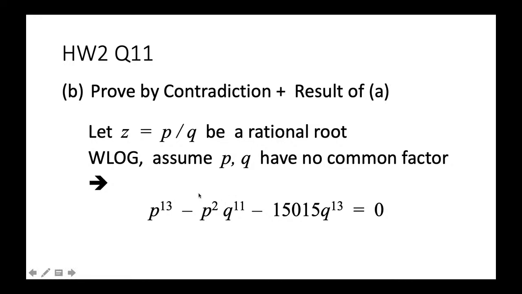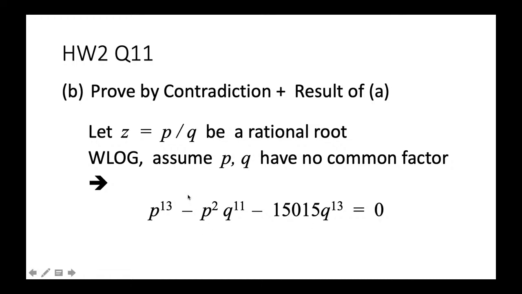So we plug in Z there and then multiply the equation by Q to the power 13, and we will get P to the power 13 minus P squared Q to the power 11 minus 15015 times Q to the power 13 is equal to 0.